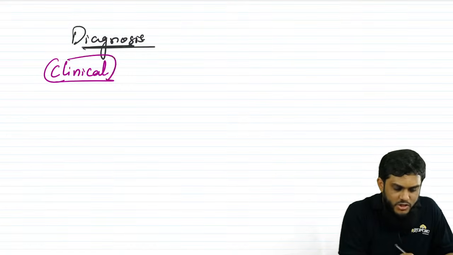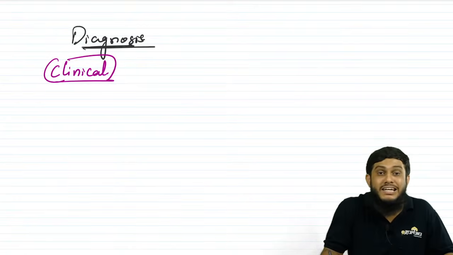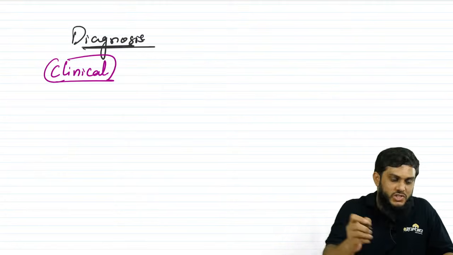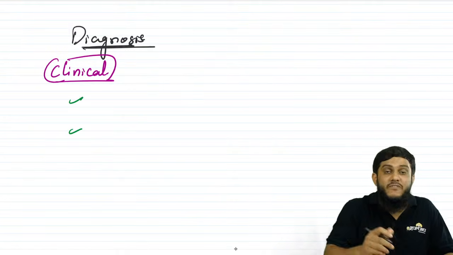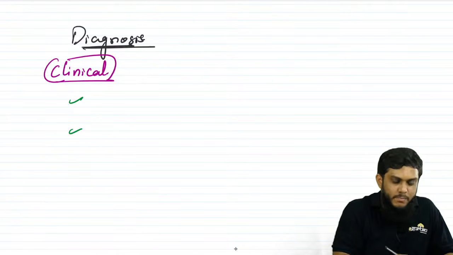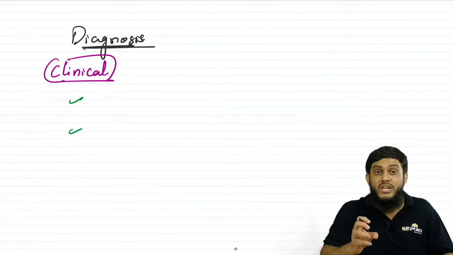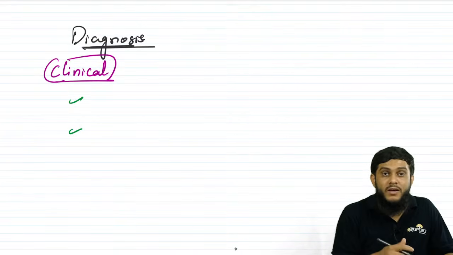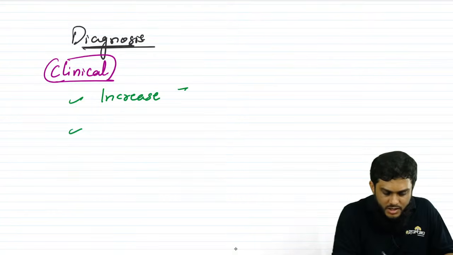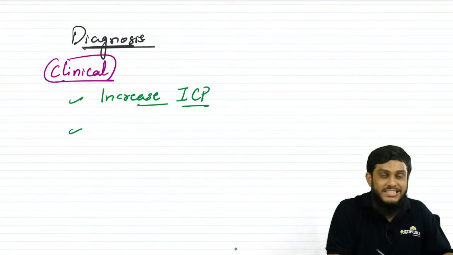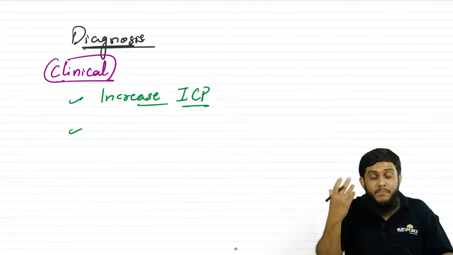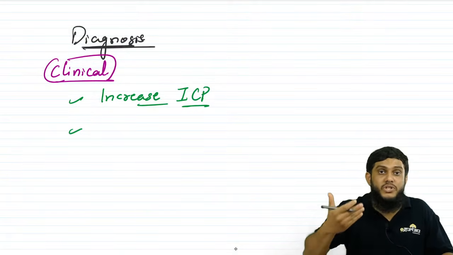The first diagnosis is based on clinical manifestations. There are two types of clinical manifestations we see. The first type is due to increased intracranial pressure, that is, increased ICP. Whatever may be the disease, in a few diseases the intracranial pressure in the brain may increase.